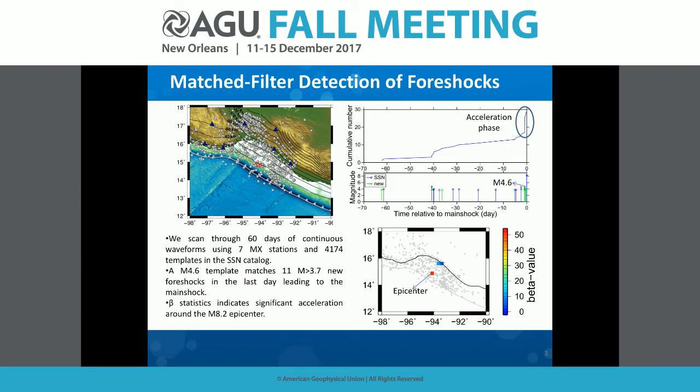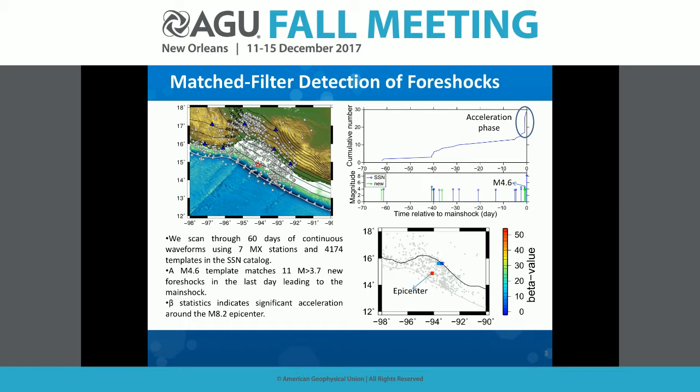We use a very popular approach to get more events than the routine catalog: match filter template matching. We have about 60 days of continuous data recorded by 7 regional stations.